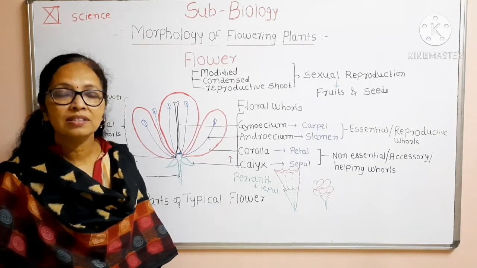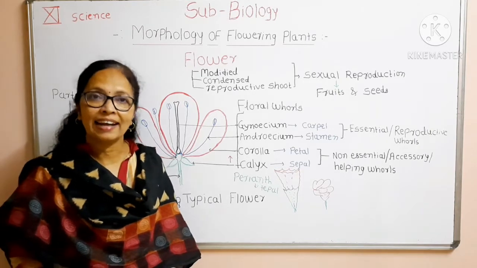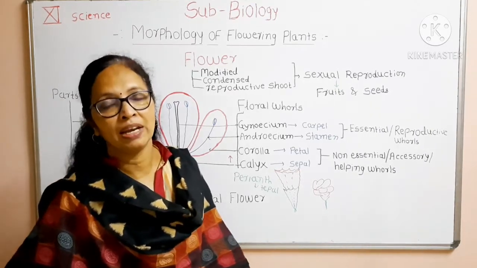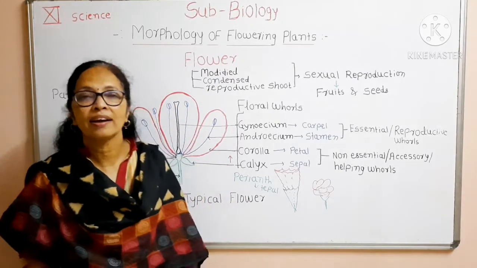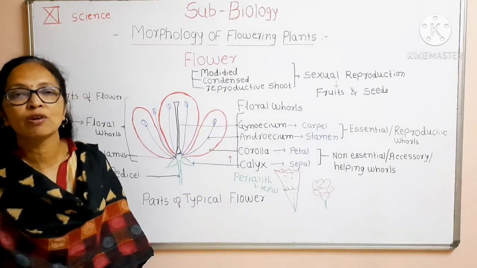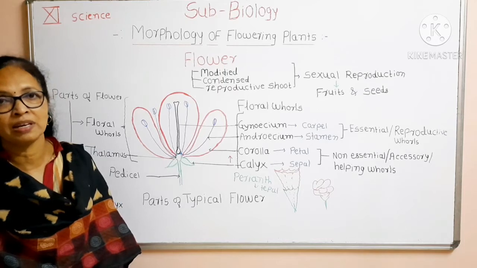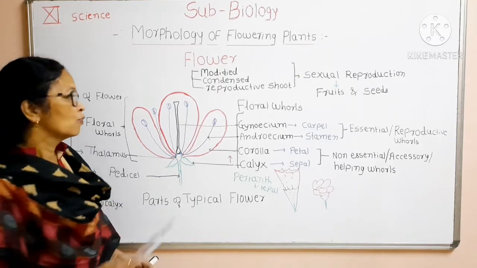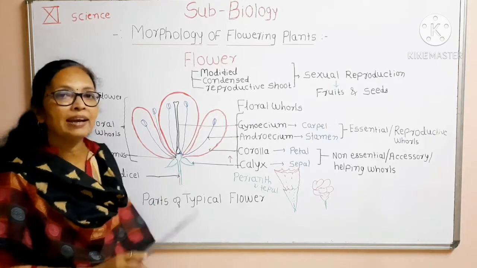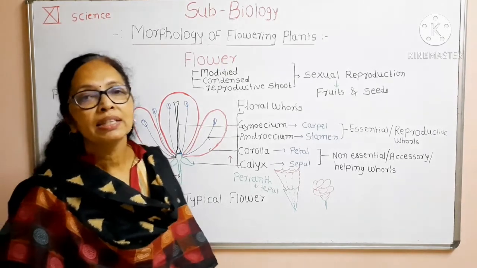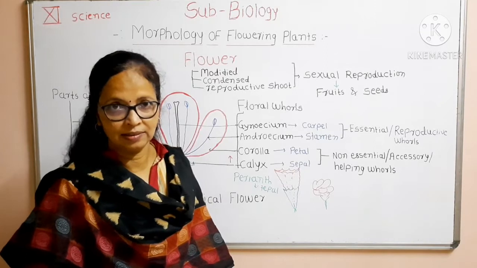In dicots, the flowers are tetramerous or pentamerous, but in monocots, the flowers are trimerous. So what is the meaning of tetramerous and pentamerous? Means 4 or 5 whorls are present in a flower. And trimerous means only 3 whorls are present.